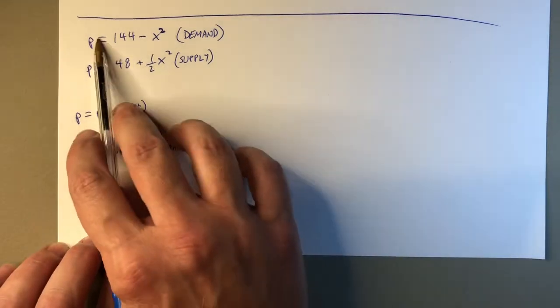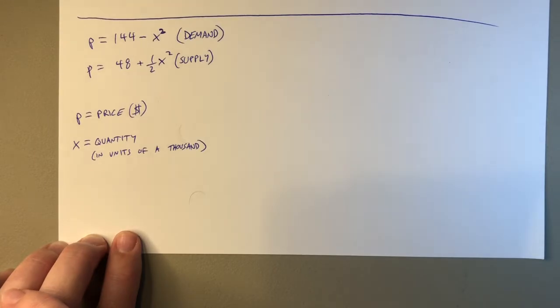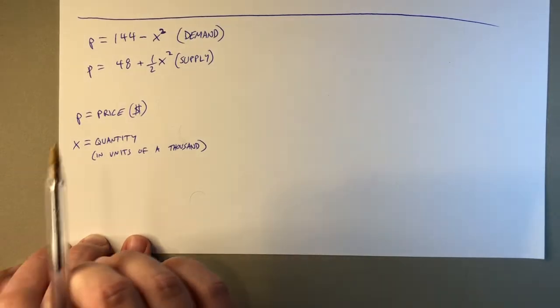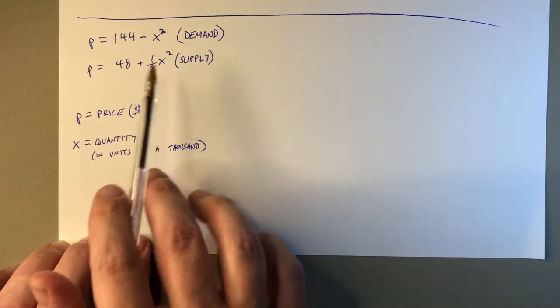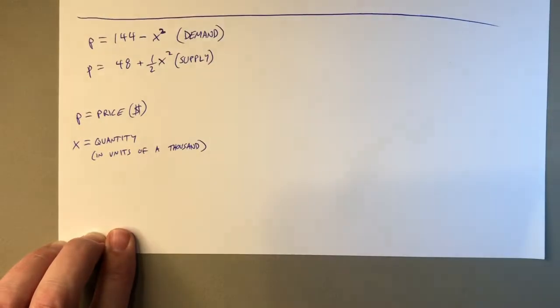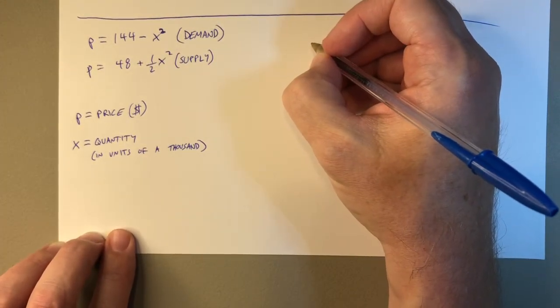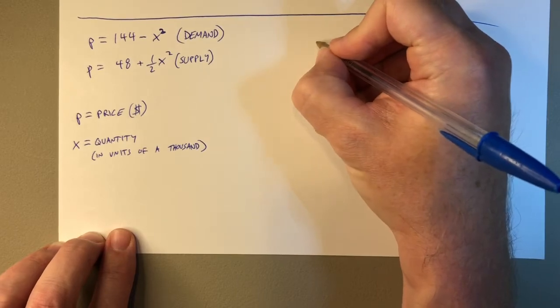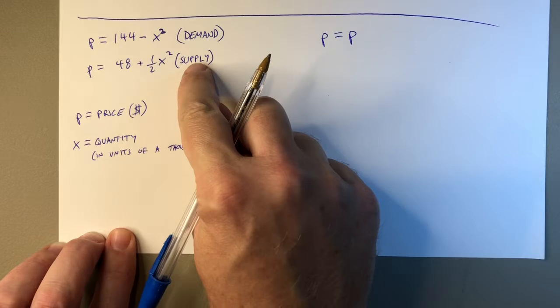We have our demand model and our supply model for the Titan Tire Company, the weekly demand and weekly supply functions for their Super Titan tires. To solve this, remember that market equilibrium is when supply is equal to demand, so we're going to let the two P expressions be equal.